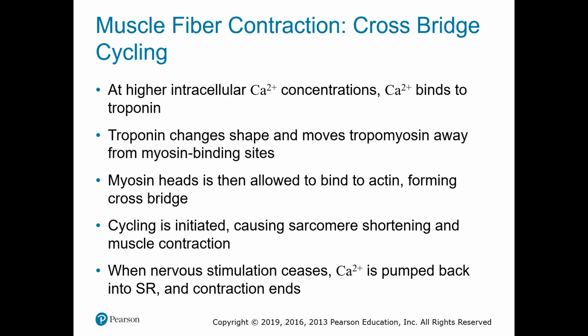And the myosin heads can grab onto the actin. When they do, the myosin heads will pivot and pull the actins towards the middle of the sarcomere. And then if there's ATP present, they'll let go and recock and do it again and continue to pull towards the middle of the sarcomere.